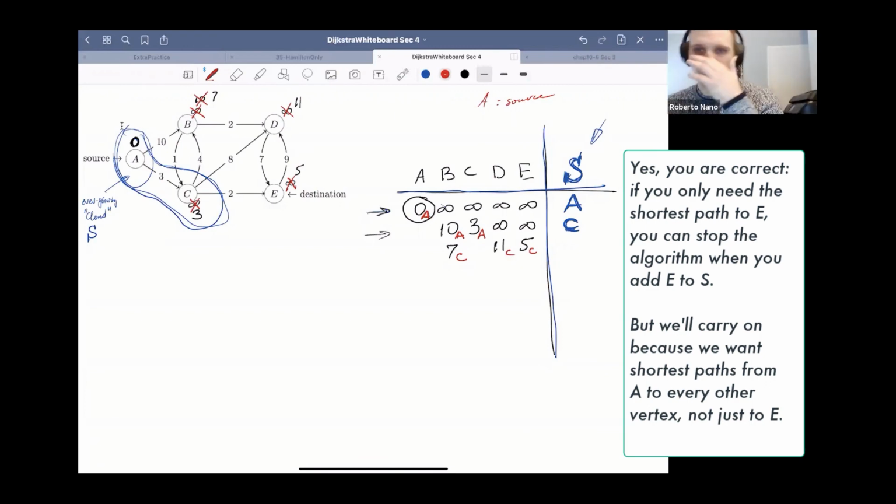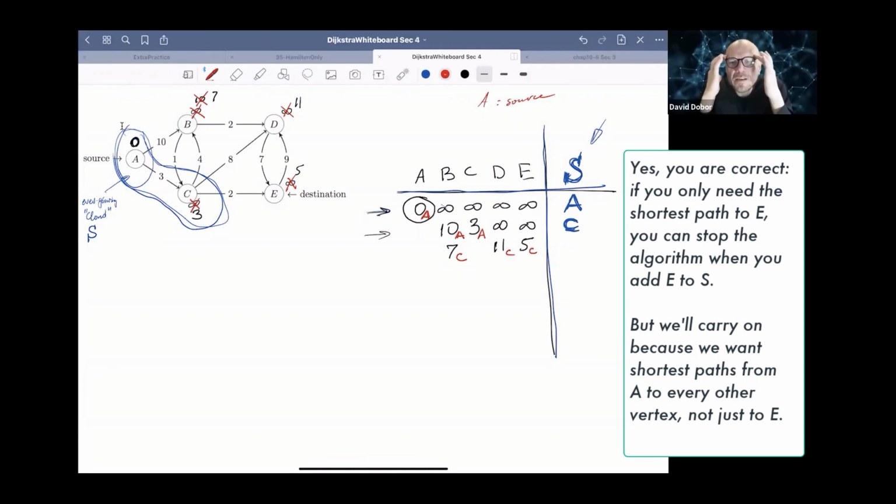It turns out that the state of the art today is that when you run the shortest path algorithm from A, if your cloud S has included all the vertices of the graph, then you will have the shortest path from A to every other vertex in the graph. You cannot help but solve a larger problem than you set out to solve. Initially, you just wanted the shortest path from the start to the end.